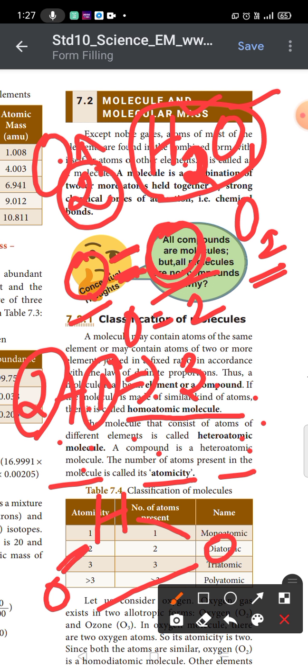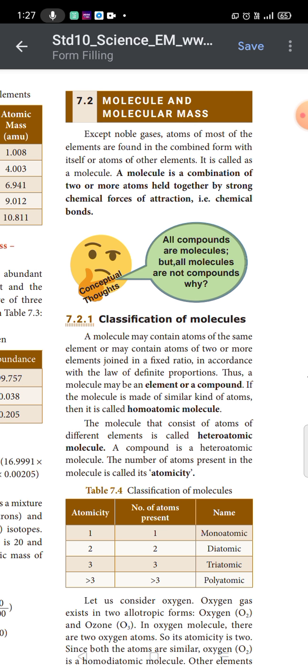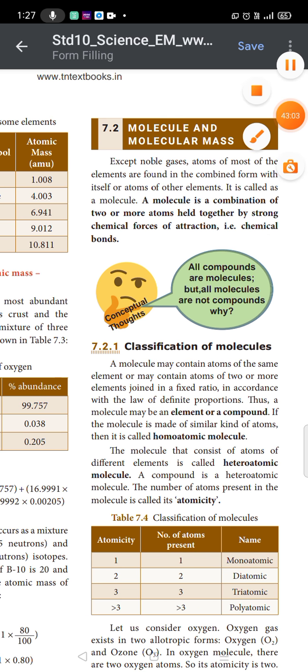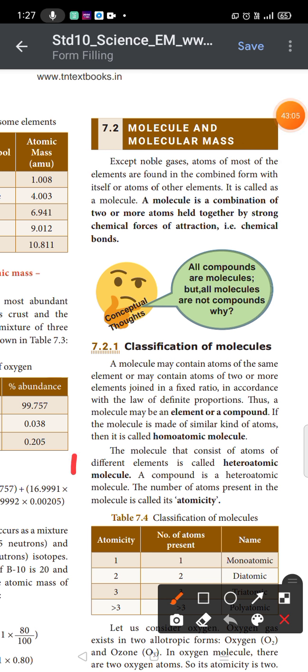Sorry children, I made a mistake, just a minute. Hydrogen is here and hydrogen is here, and oxygen is here. This is the molecule structure.